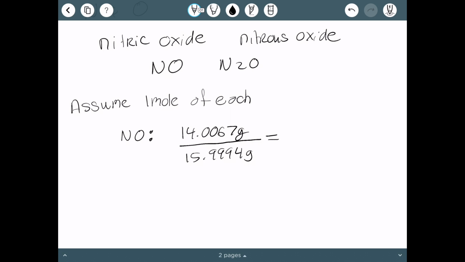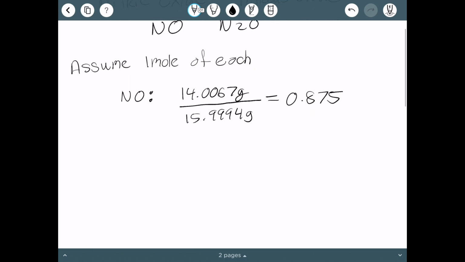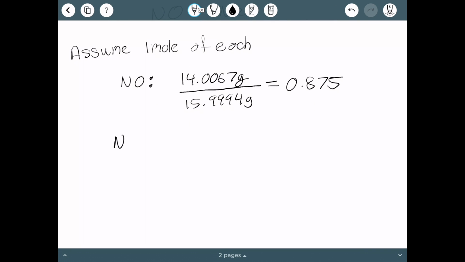What does that equal to? Do the ratio: 14.0067 divided by 15.9994. What does that equal to? 0.875. Grams go away.